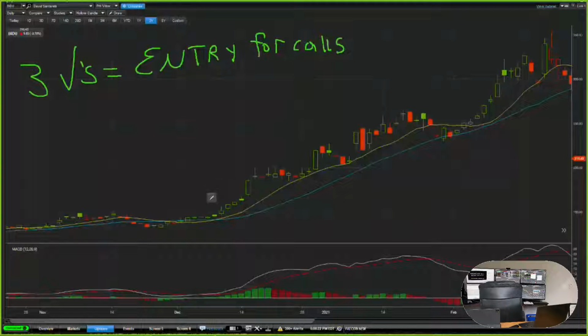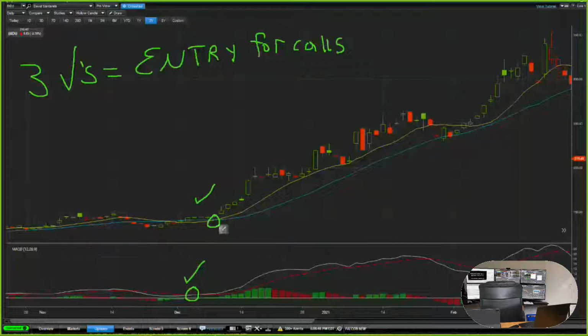So number 1 is going to be that 10-20 cross right here. There's that 10-20 cross. That's check number 1, where the yellow line is crossing above the blue 20-day simple moving average, okay? Number 2, you're looking for that white line to cross above the red line. So that's our signal line right there. That's check number 2.